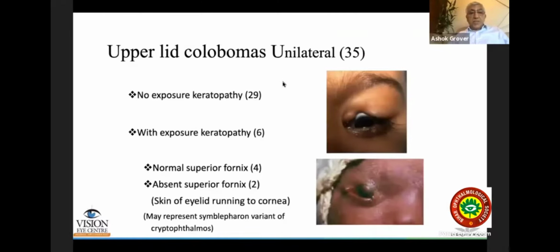The unilateral ones are mostly without exposure keratopathy at presentation, and only some of them are associated with exposure keratopathy, and most of these are the cases which represent symblepharon variant of cryptophthalmos with absent superior fornix and skin of the eyelid running on to the cornea.